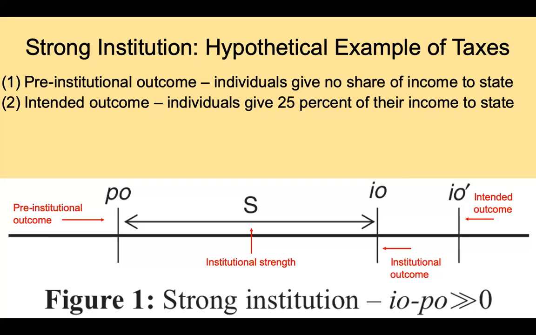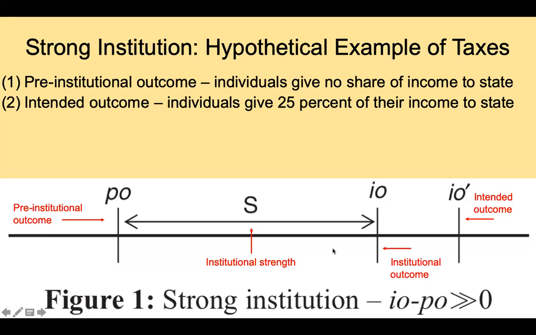We're creating a flat tax that everyone must obey. Now we have the pre-institutional outcome and the intended outcome. And the strength of the institution of taxes, or our tax regime, is going to depend on what proportion of our intended outcome is actually achieved through the creation, design, and implementation of our tax regime, our tax code, or our tax policy.